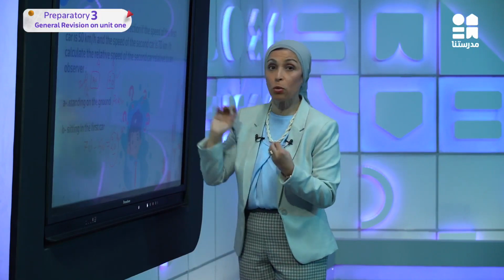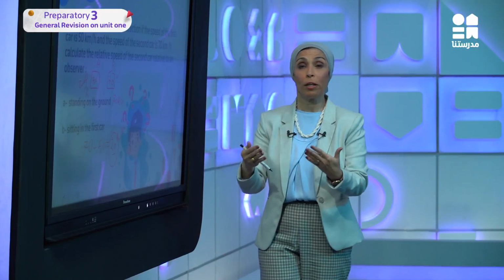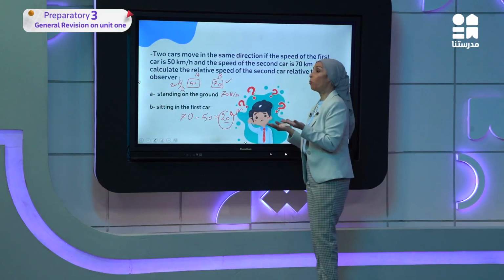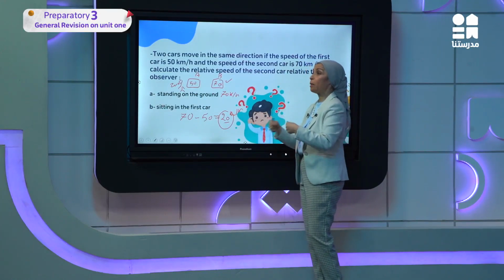From this part, let's move to another part related to this problem. If the two cars are moving in the same direction, but both are moving with the same speed. يعني عندي two cars, both of them are moving same direction with the same speed.